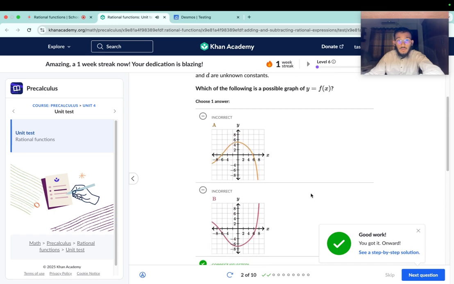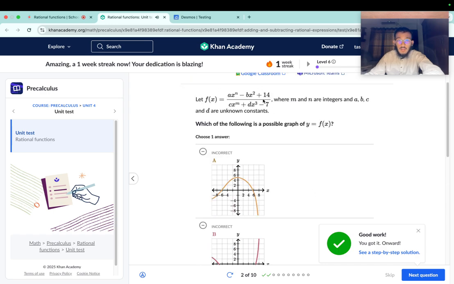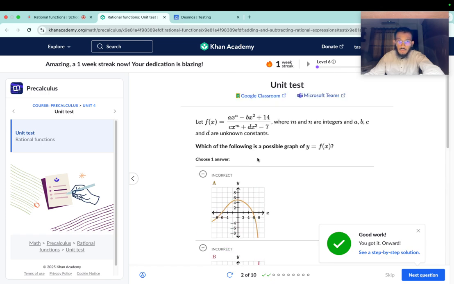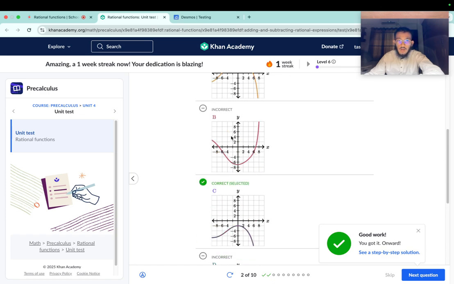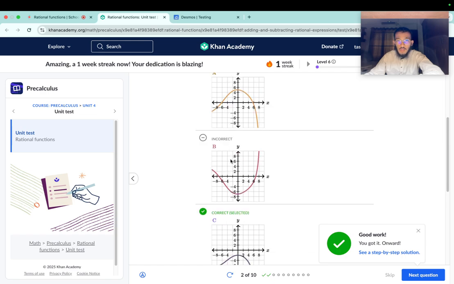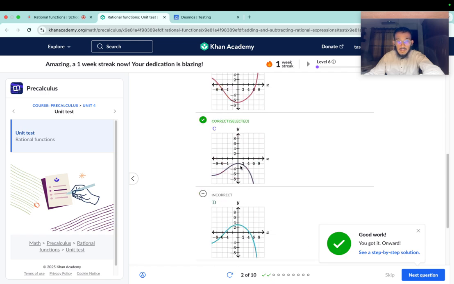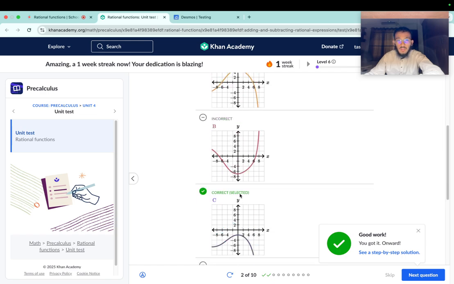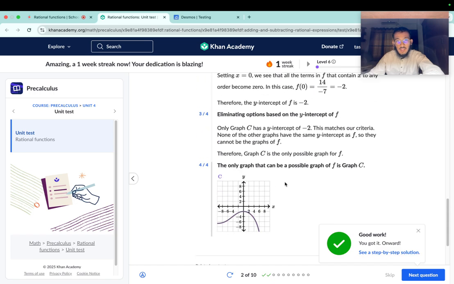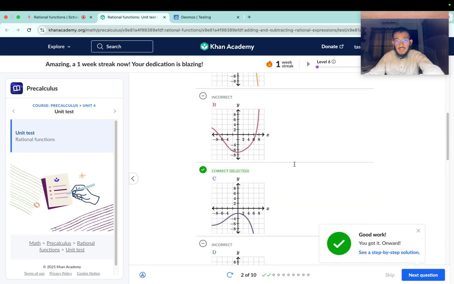You see, the constants tell us the y-intercept. If we divide the numerator's constant by the denominator's constant, we get negative 2, and this is where the graph should cross the y-axis. So here we have negative 2, and none of the other options have it. So this is how we could say that this is the answer.